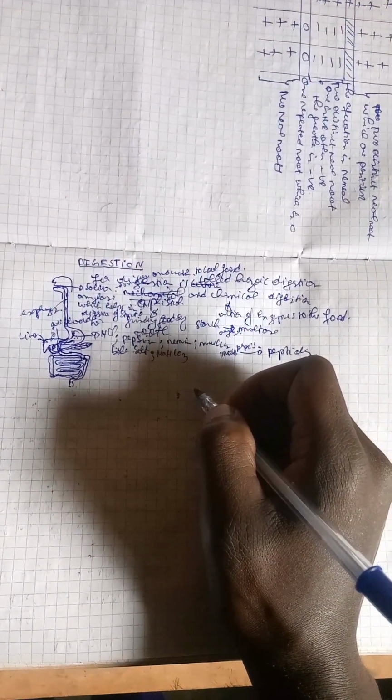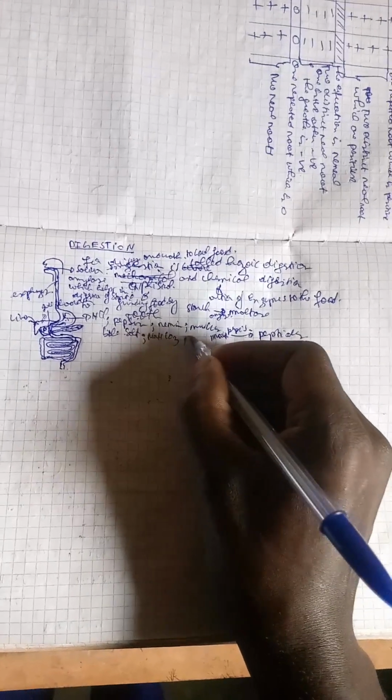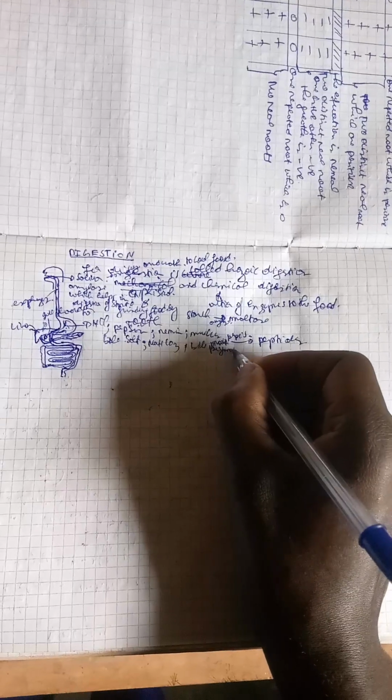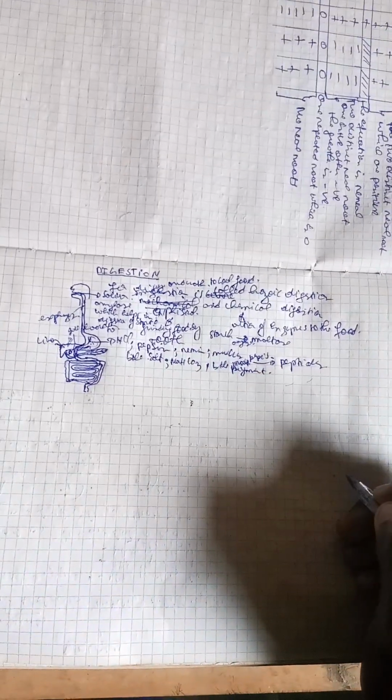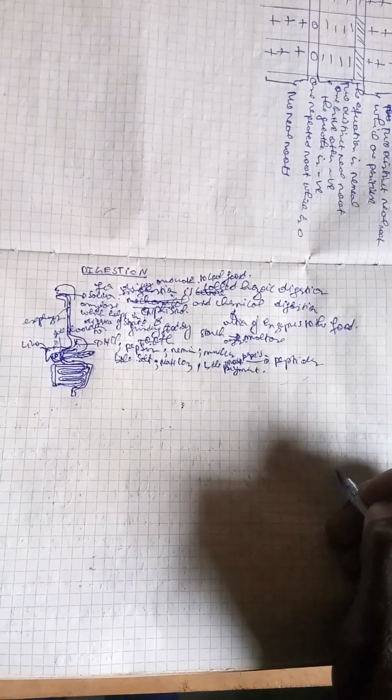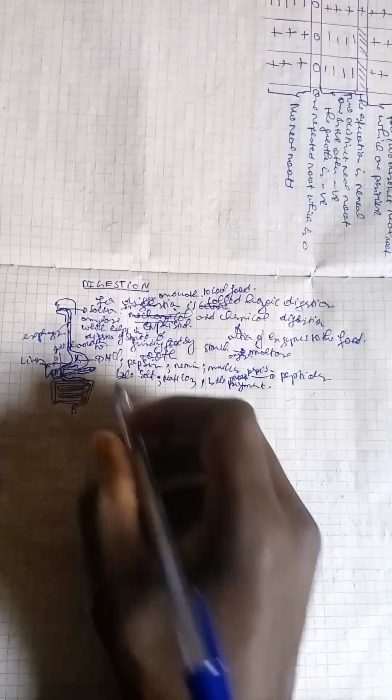It secretes bile pigment to give color to feces. The color of feces is given by bile pigment.